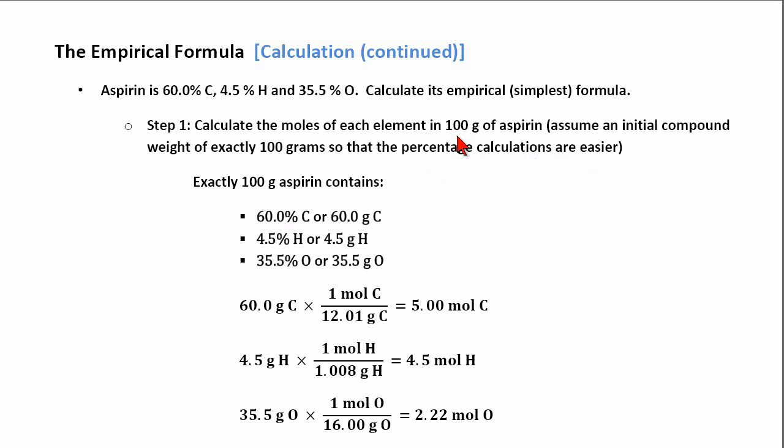So assuming the 100 grams, I get 60 grams of carbon, 4.5 grams of hydrogen, 35.5 grams of oxygen. I take these weights, divide by the molecular weight of the element in each case, and I get moles. So I get 5 moles of carbon, 4.5 moles of hydrogen, and 2.2 moles of oxygen.